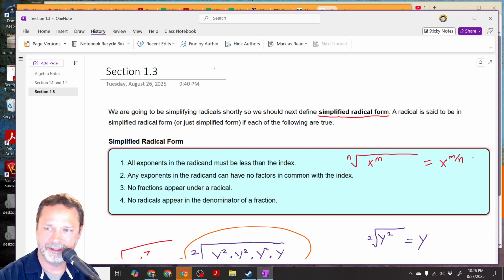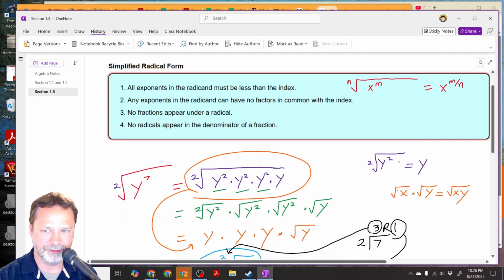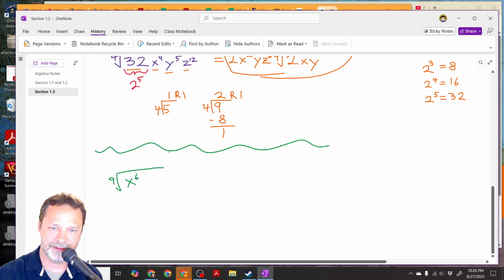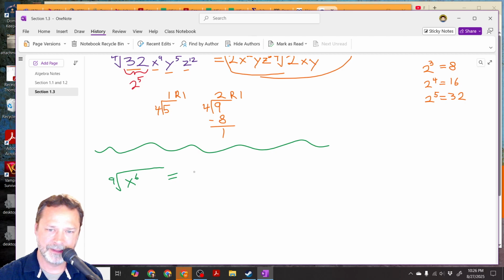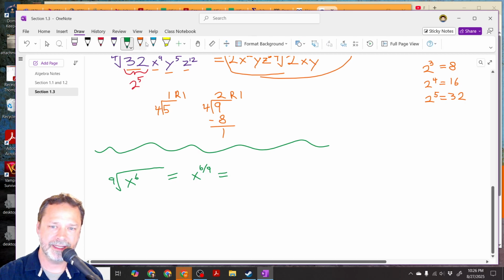In other words, if I write a fractional exponent, it's got to be reduced. So if I rewrote this as a fractional exponent, which is my method, this is the way I like to do it, this would be x to the 6/9. And that 6/9 is definitely not reduced. I can reduce this fraction.